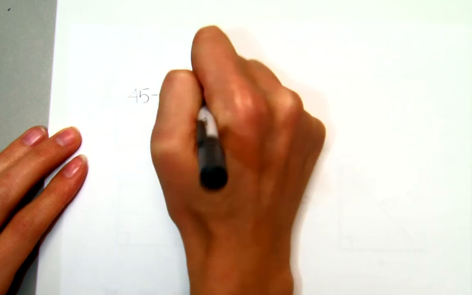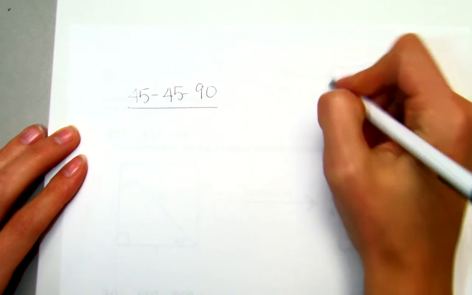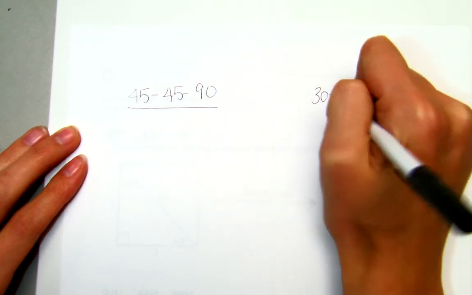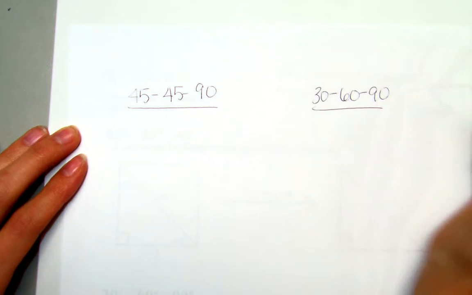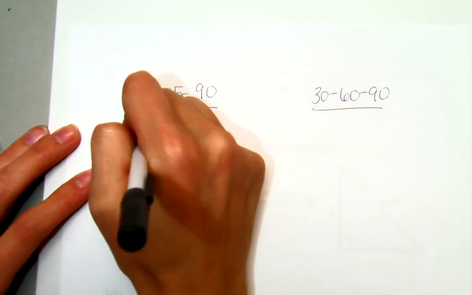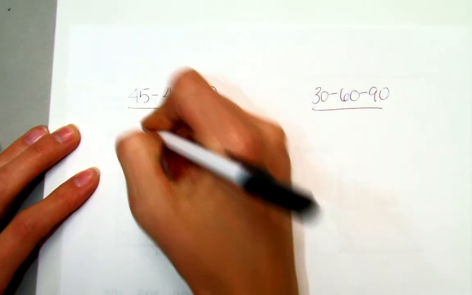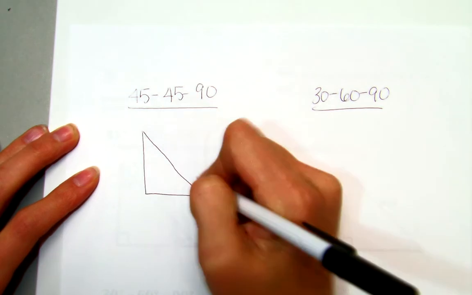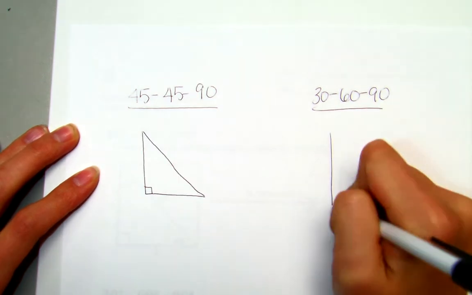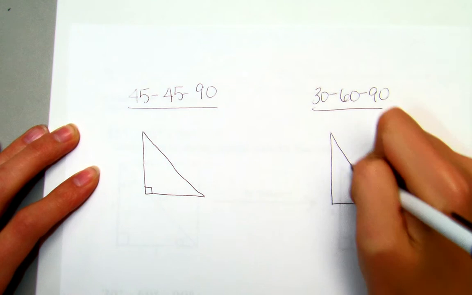So you have 2 special right triangles, and those are the 45, 45, 90, and the 30, 60, 90 triangles. And if you recall, and I know you have this on the sheet, but I'm just going to redo it so that it looks a little bit more familiar to you from class.